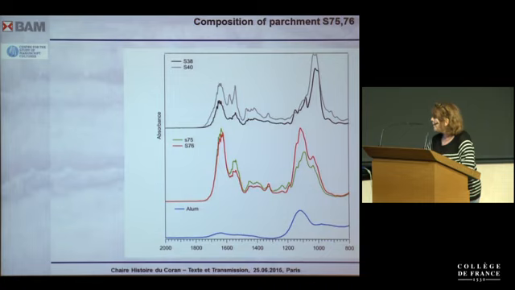Now, if we look at other fragments, and these are fragments from the Chester Beatty Library, they were white parchments. They still have no calcite, and they have starch. We compare them to the other fragments from the Munich library.